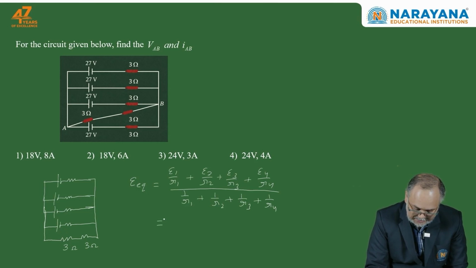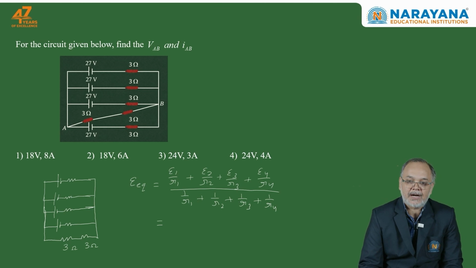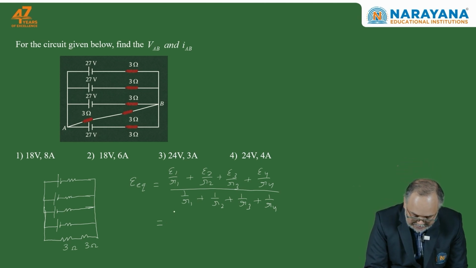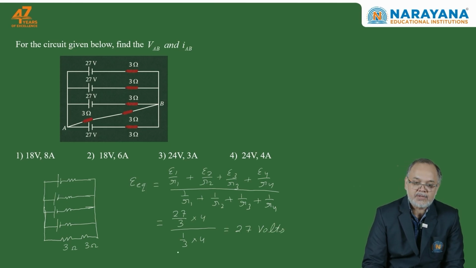And here you can see clearly all the values of E are the same, as well as all the values of R1, R2, R3, R4. So we can write here E, that is 27, upon small r, that is 3, and how many cells do we have? 4. So this into 4, divided by 1 by R1 plus 1 by R2 and so on, which will be 1 by 3 into 4. So this is equal to 27 volts. So the equivalent EMF we have is 27 volts.